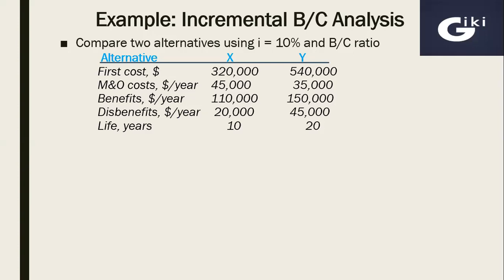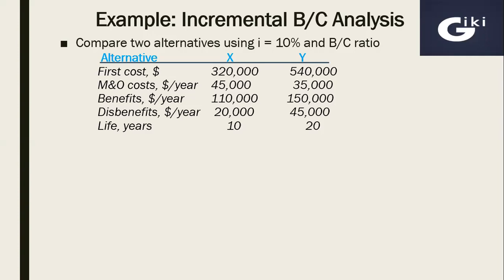Then the annual cost is 45,000 for X and 35,000 for Y. And benefits per year are 110,000 for X and 150,000 per year for Y. And there are also disbenefits per year, 20,000 and 40,000 respectively. And the life of the options is 10 years and 20 years.